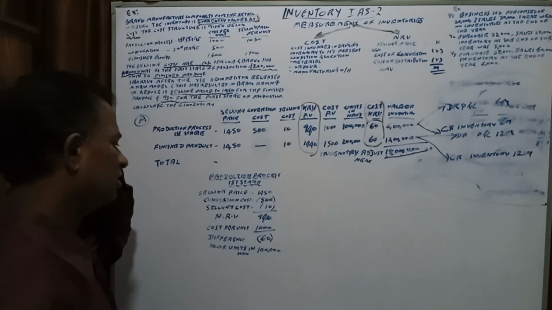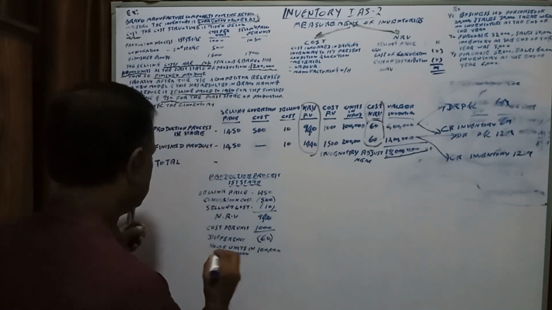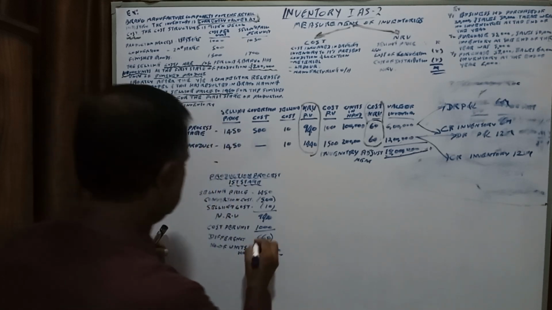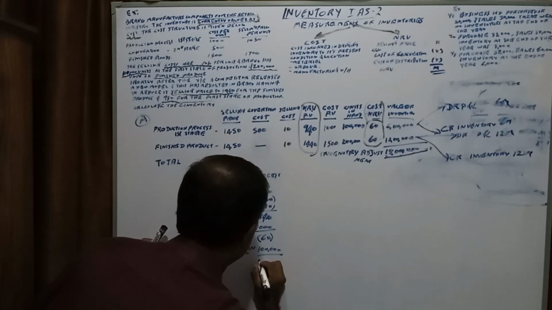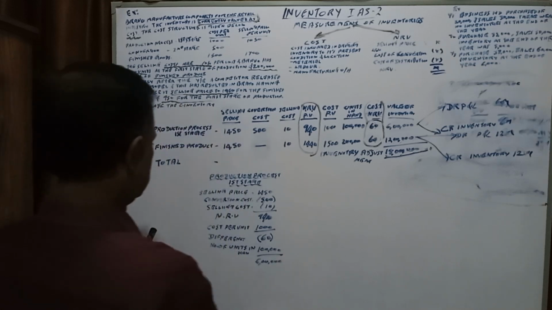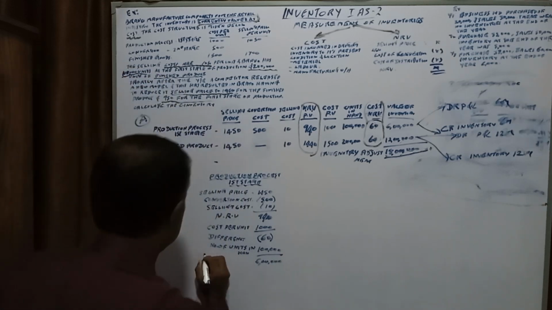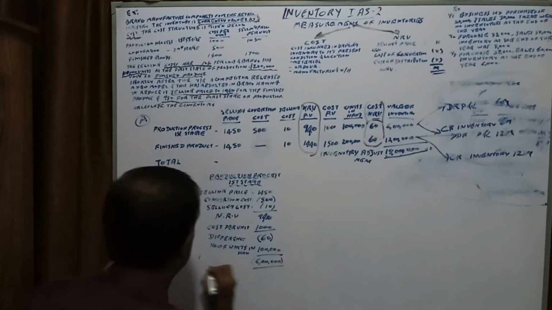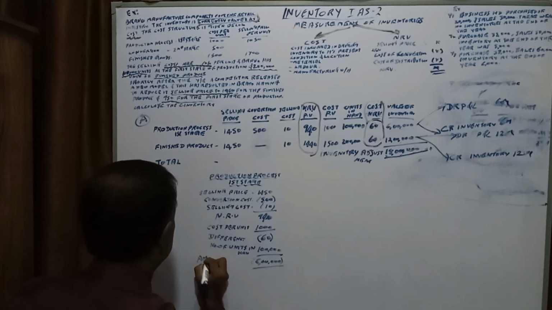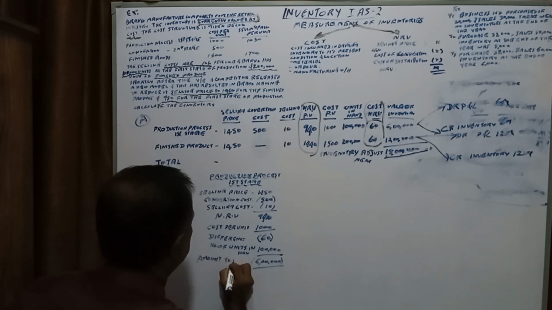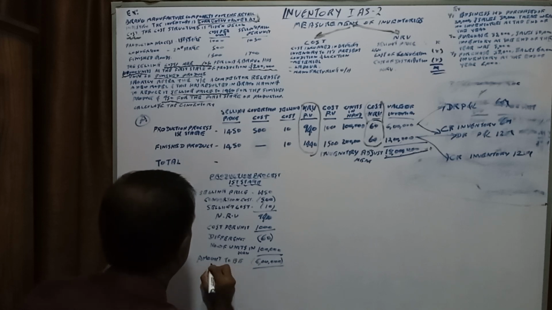Then what is the adjustment needed? 100,000 times 60, 6 million, the amount to be adjusted.